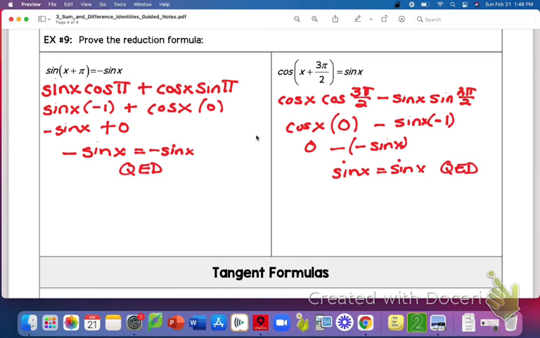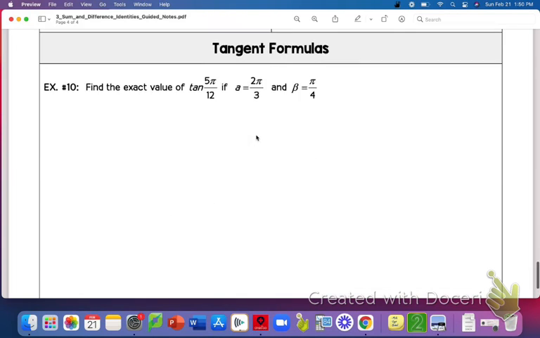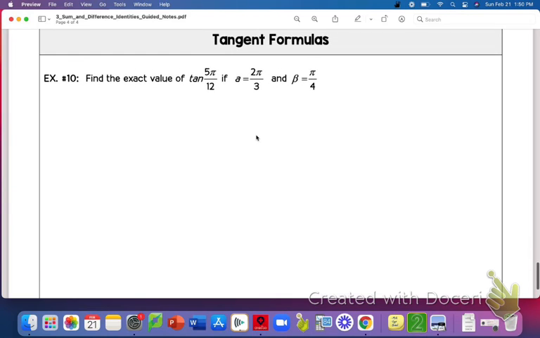All right, now let's work with these tangent formulas. For example 10, we're going to find the exact value of the tangent of 5/12 pi, using the fact that we're going to have alpha be 2 pi over 3 and beta be pi over 4. Okay, so 2/3 minus 1/4 is what gets us to 5/12. So I'm going to be subtracting these.